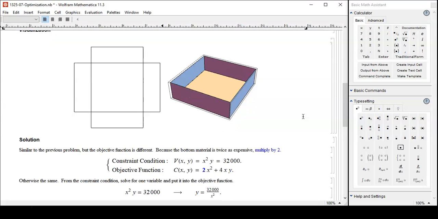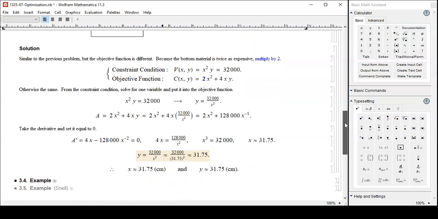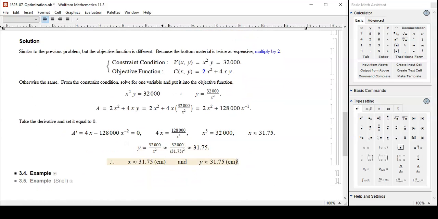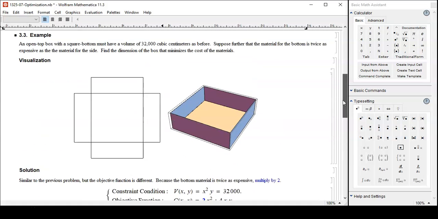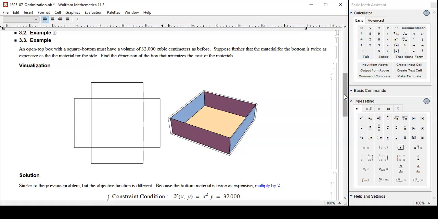So when this volume is fixed, the biggest surface area is coming from the symmetric situation when we have a cube. So x and y are the same: 31.75 by 31.75 by 31.75. When we have a cubic configuration, that's the optimal case in this particular case.